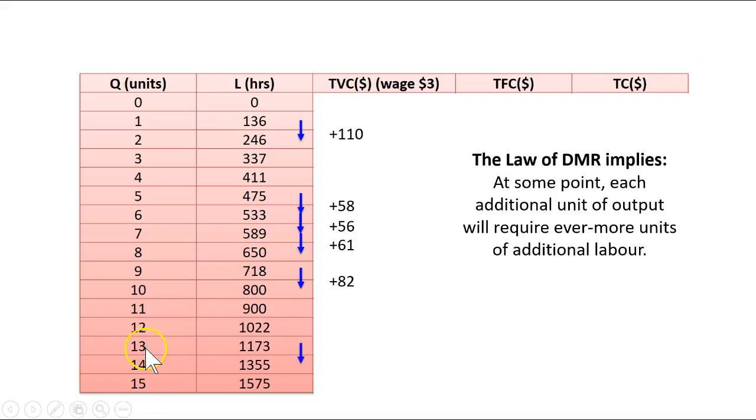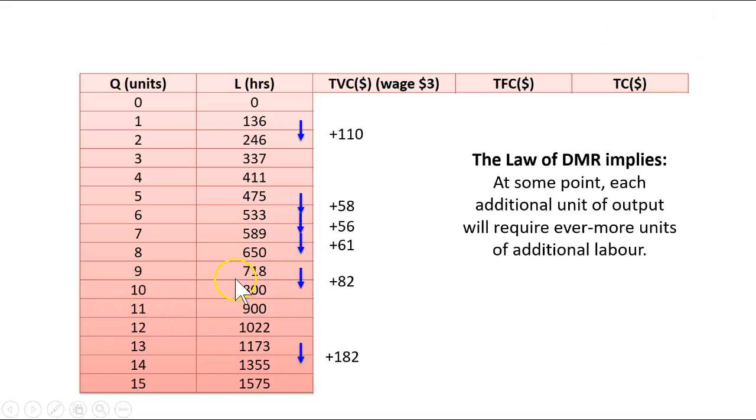To go from the 13th to the 14th, we'll need an additional 182 units of labour. So we can see from the 7th unit of output onwards, we will need ever more additional labour to keep output going up by 1.